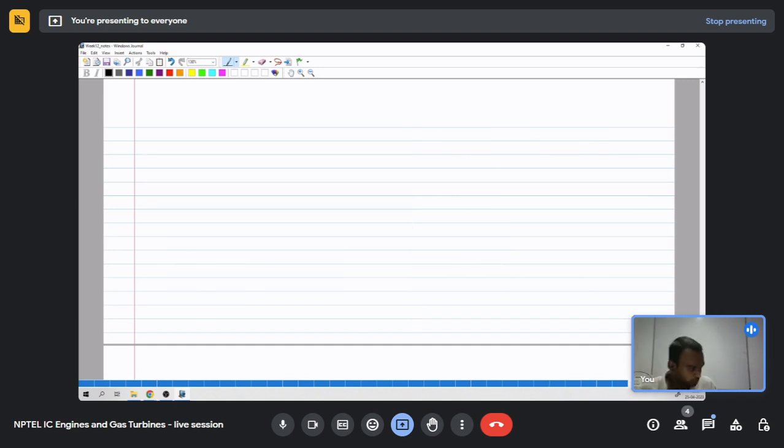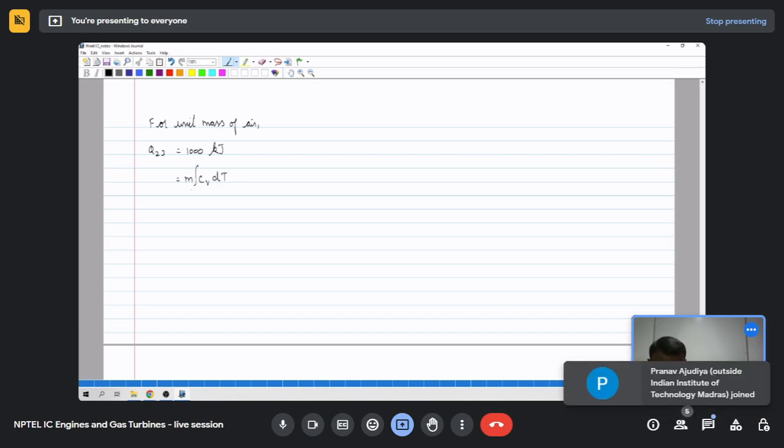Now considering unit mass, Q23 is equal to 1000 kilojoules. This is m into the integral of CV dT from 2 to 3.